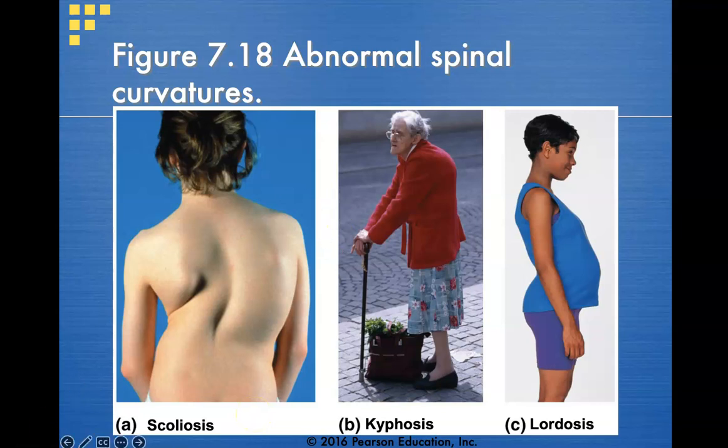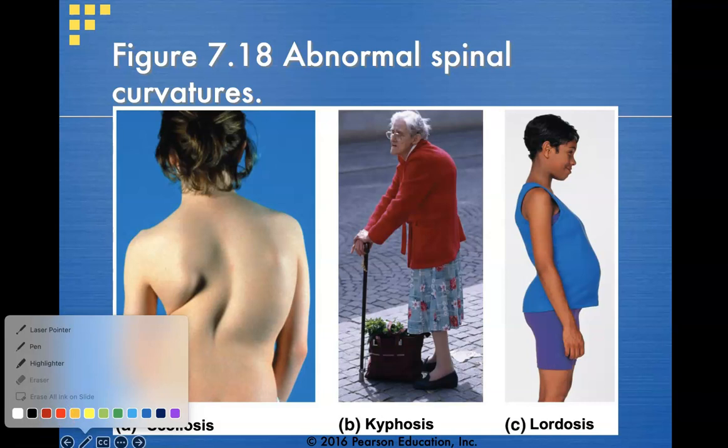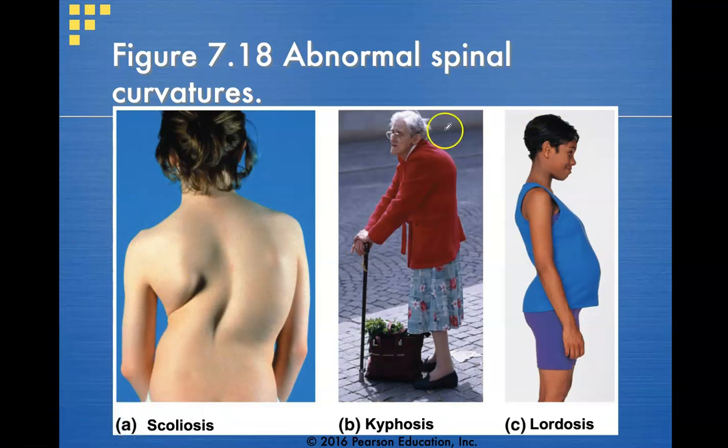So in this case, in kyphosis, this is an individual who has kyphosis. It creates this kind of hunchback here. And so kyphosis is an abnormal dorsal thoracic curve.